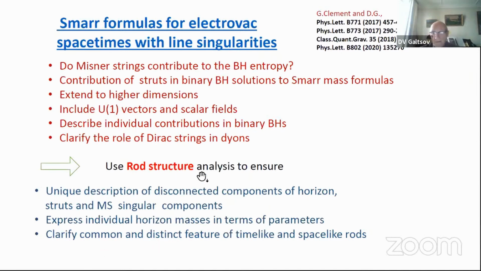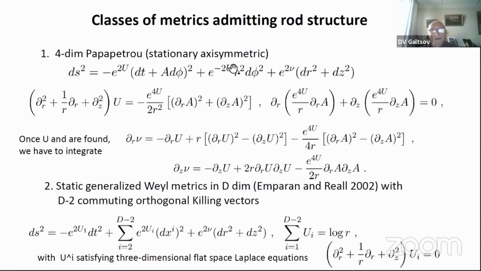Now, more about rods. There are actually several classes of metrics, not only four-dimensional. In four dimensions, it's the Papapetrou interval, stationary axisymmetric, which is parameterized by u and also the functions A and nu.